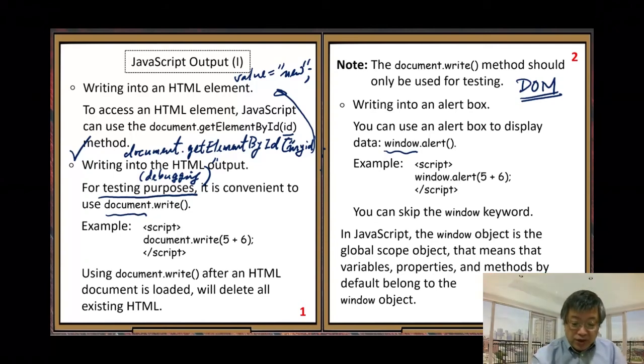That's the reason you can skip the window object, right? But when you skip it and call a method, what object does this method belong to? People may ask, right? The global object. So what is the global object? This window object is the global object. All right, so you just need to understand that relationship.